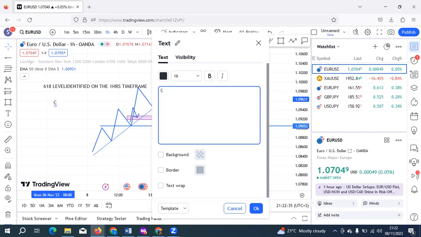So what are some of the confirmations that I look at to take a trade? If all these conditions are not met, I'm not taking a trade. Confirmations to take a trade.